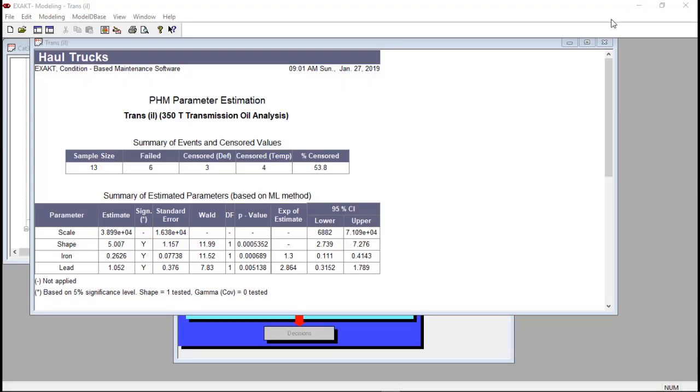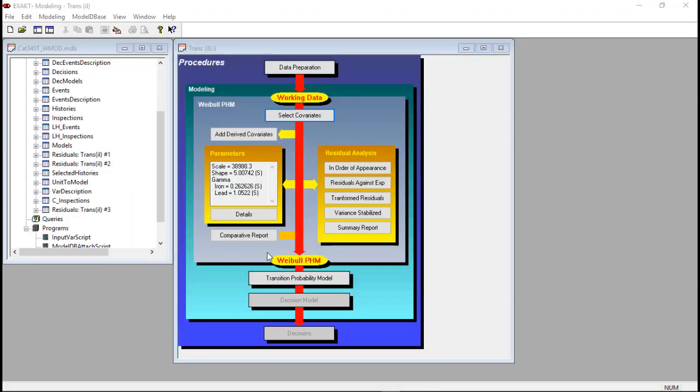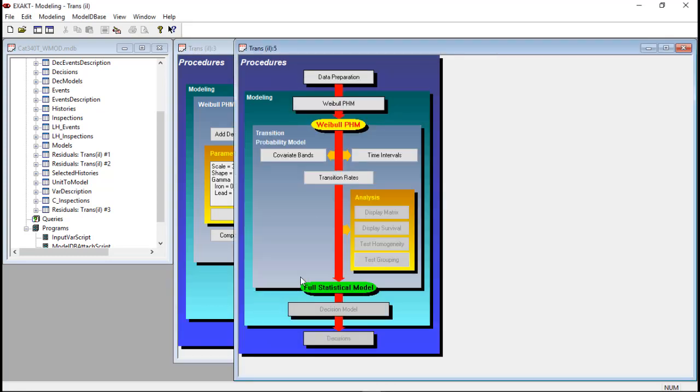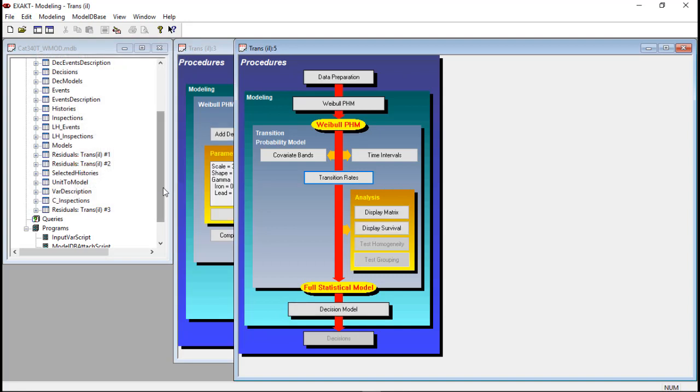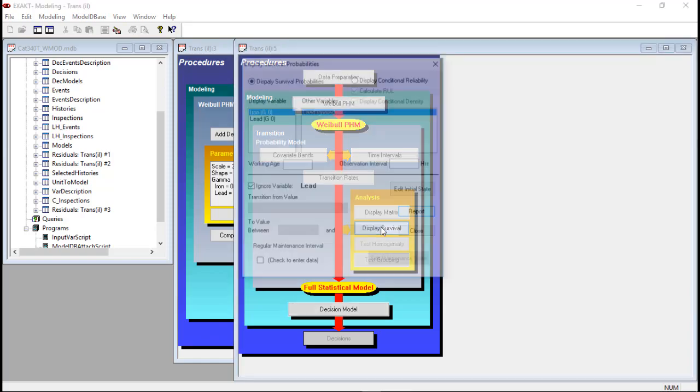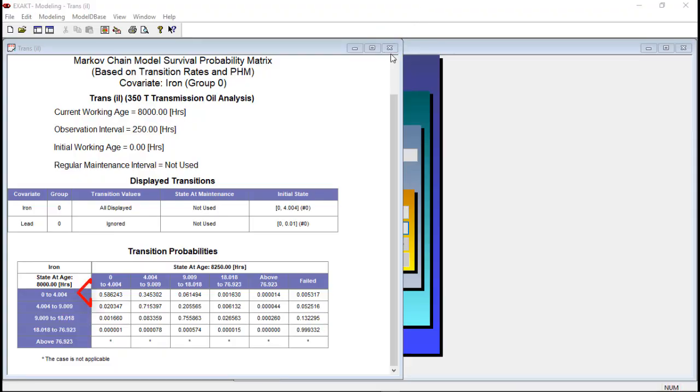Next, we invoke a transition probability model to predict the transition rates of these significant condition indicators from one range of values to another. A failure probability estimate of failure in the next observation interval is determined for each condition indicator range.